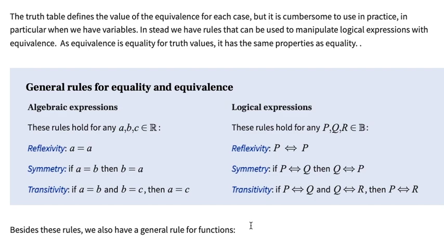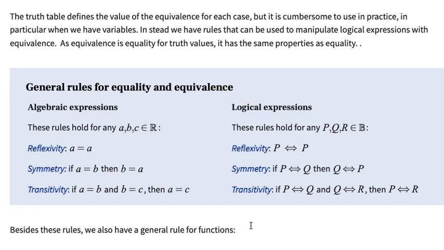So if you compare algebraic expressions and logical expressions, you find out that equality is reflexive, A equals A, symmetric, if A equals B, then B equals A, and transitive, if A equals B and B equals C, then A equals C. And because equivalence is just equality between truth values, we have the same properties.